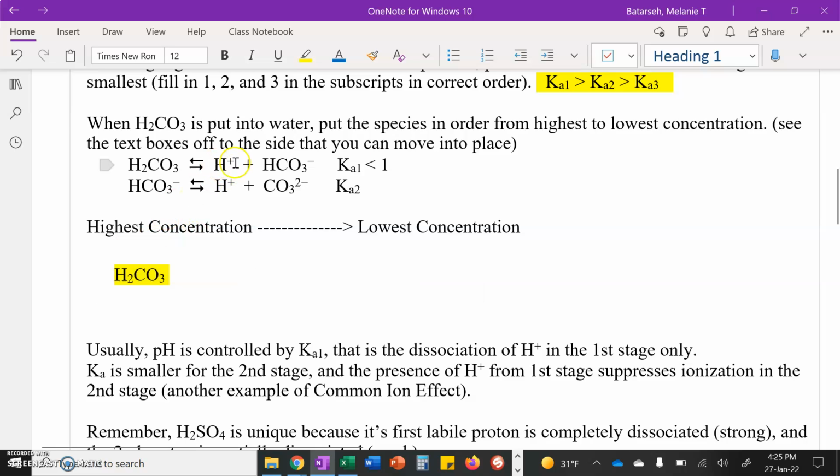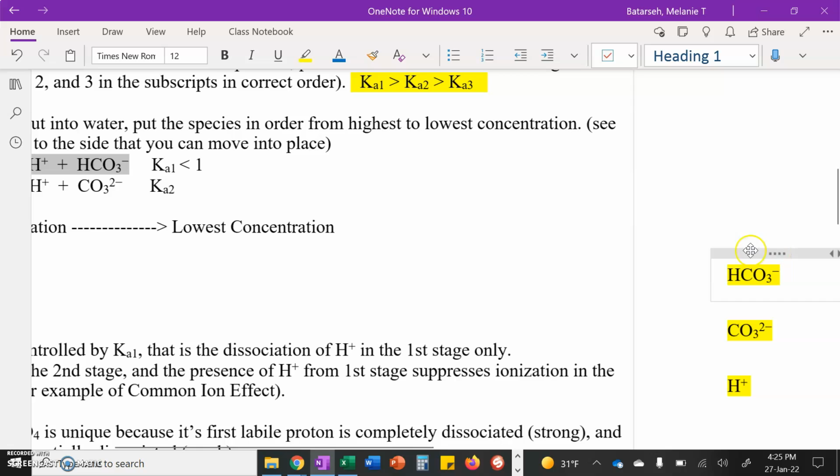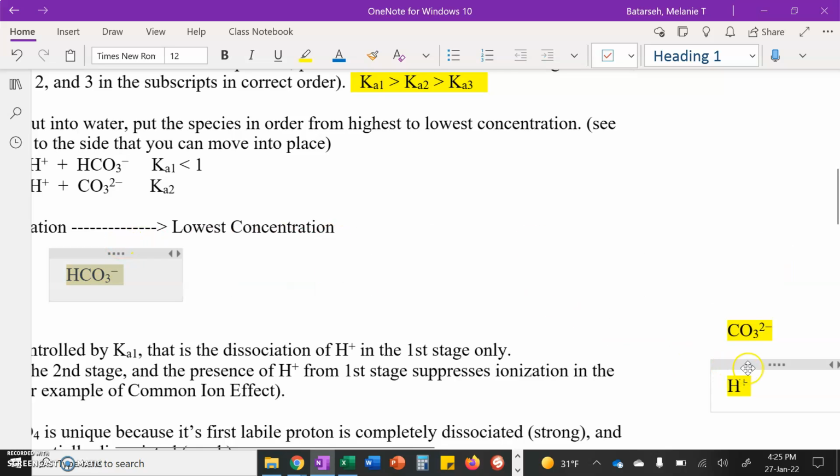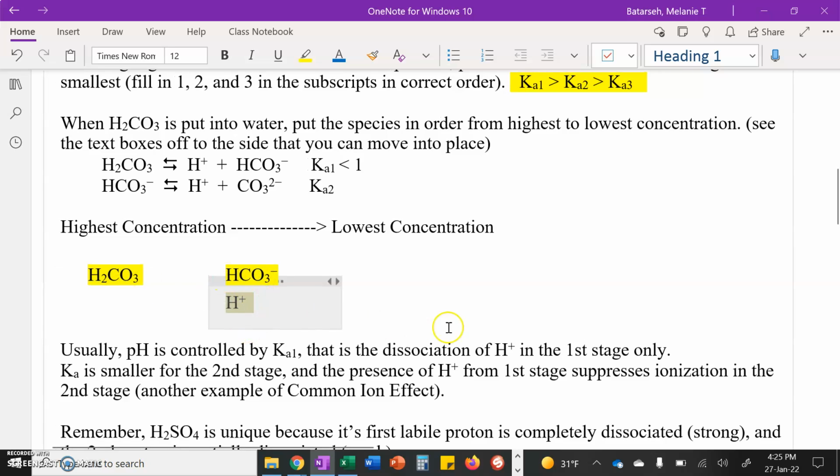Now, when that dissociates, initially it's going to make equal amounts of H+ and HCO3-. They'll be less than the concentration of H2CO3, but initially they start out being exactly the same. So for now, let's drag them over there together. I'm saying those start out as being the same concentration.